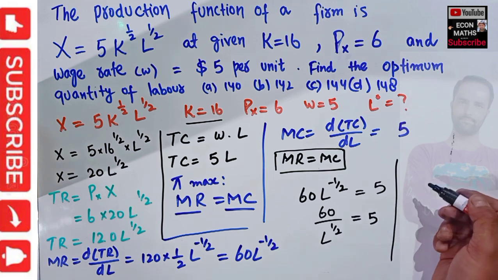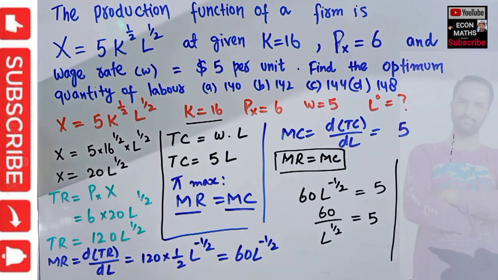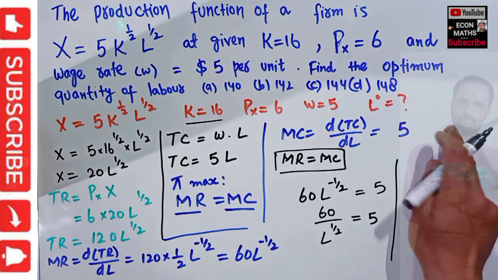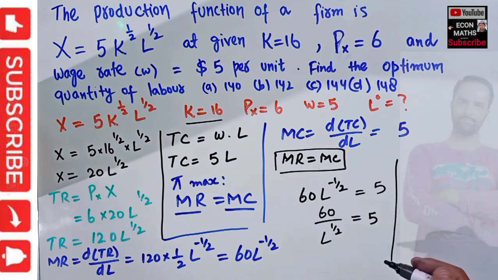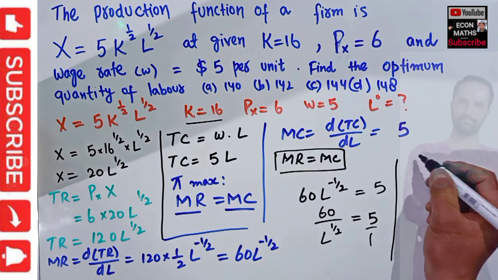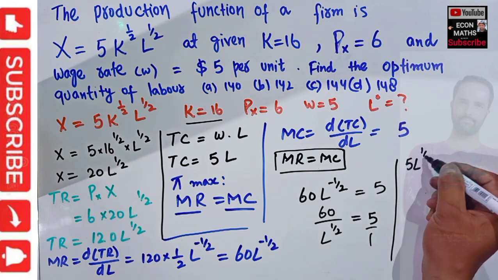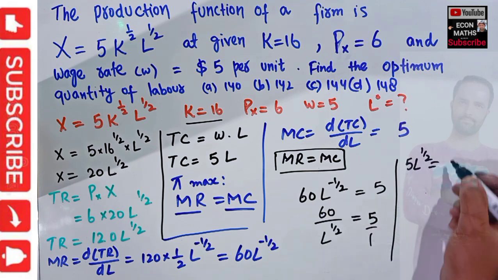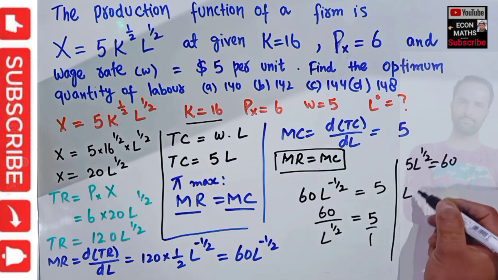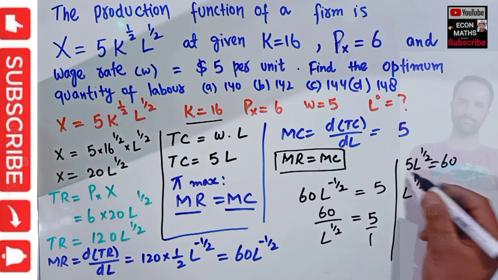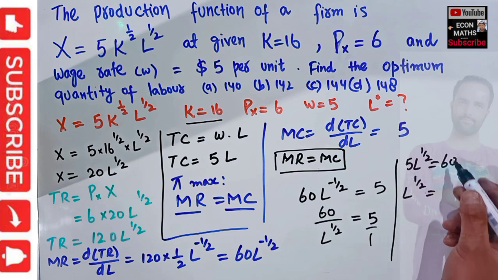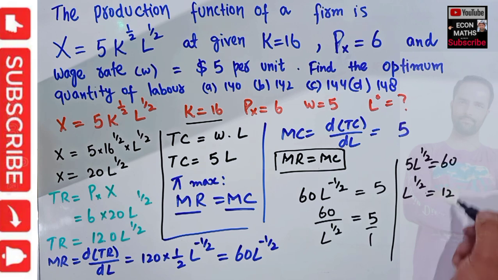Let us cross multiply here, so that means 5 L^(1/2) is equal to 60, or L^(1/2) is, dividing both sides by 5, 60 divided by 5 is 12.